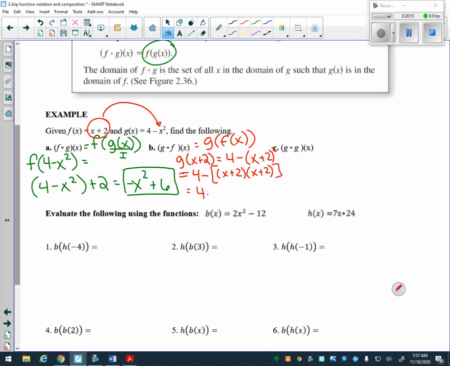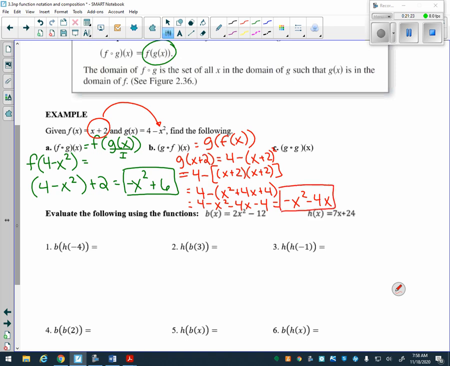So we have 4 minus (x squared plus 4x plus 4). Distribute the negative sign, and we have 4 minus x squared minus 4x minus 4. And then you want to combine like terms, and you end up with negative x squared minus 4x as your answer.